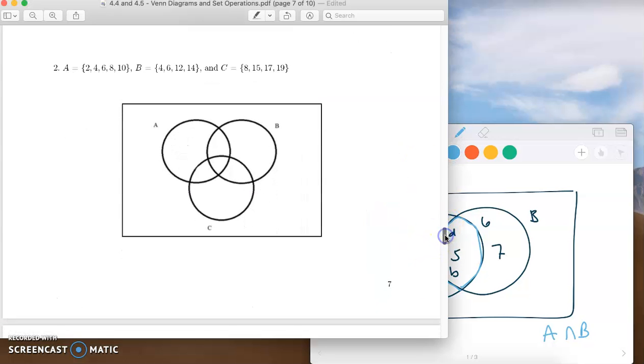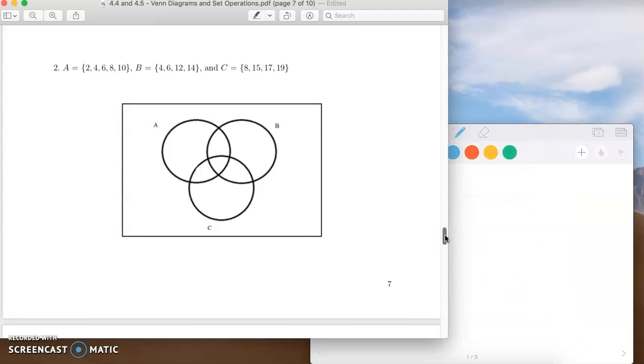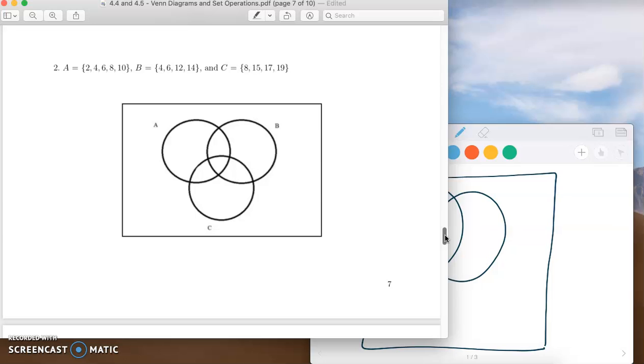Here's a set with 3. So let's take a quick look at that. Let's see, this is horribly not to scale. And see, what's kind of cool here is you have different intersections. So let's see what we can find.